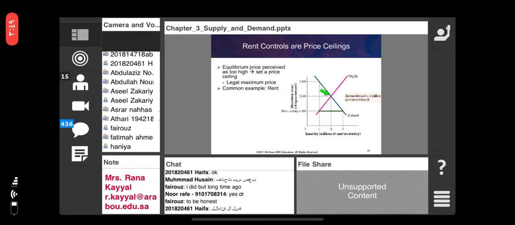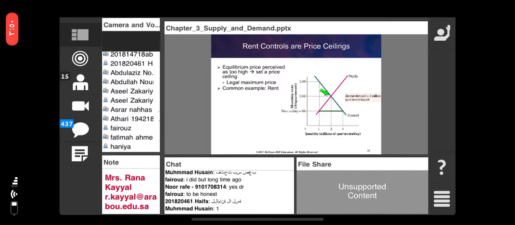If the price decreases from 1000 to 800, what will happen to the supply? The price was 1000 and became 800, so the quantity of the supply was 2 million and it became 1 million, meaning the quantity supplied decreases.